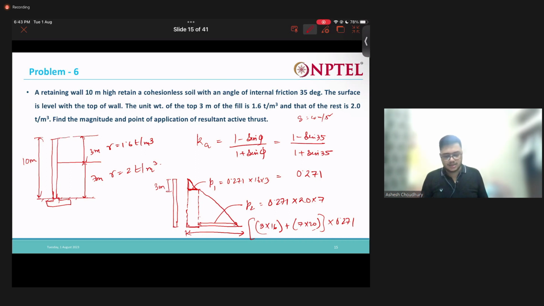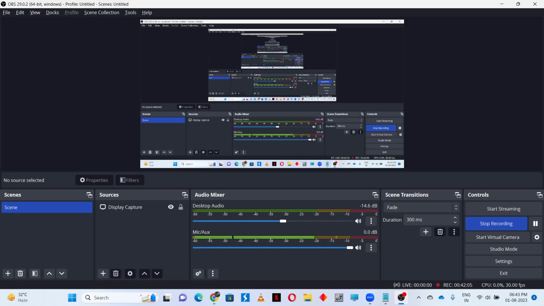We'll just take the area. So we have total PA is half into 3 into 13, right? So for this one, what is this one? 0.271.